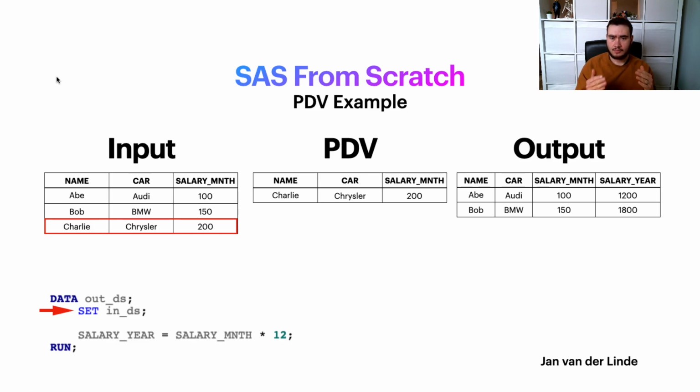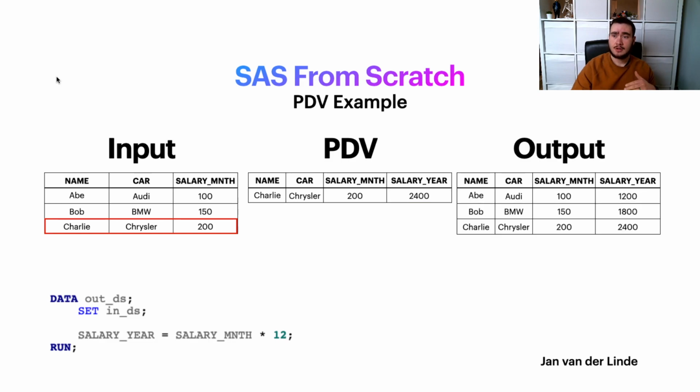We've read it in. We can go to the next step, which is calculating the annual salary. In Charlie's case, that's 200 by 12, which is 2400. And after we've finished executing this statement, we can write out Charlie's record from the PDV into the output data set. And this is fundamentally how the PDV system works.